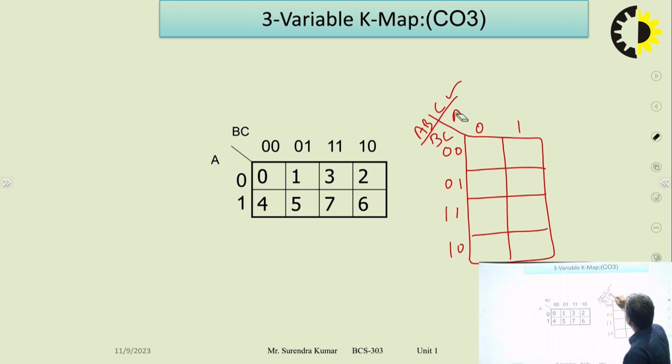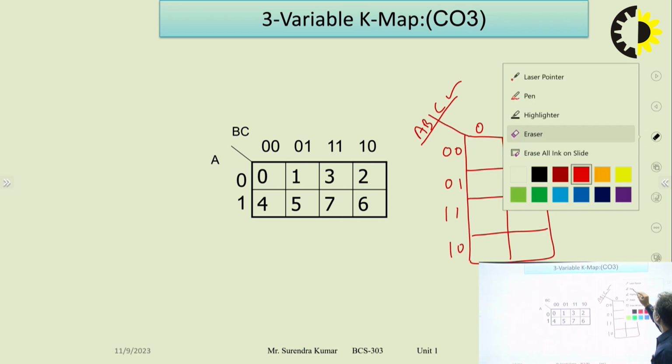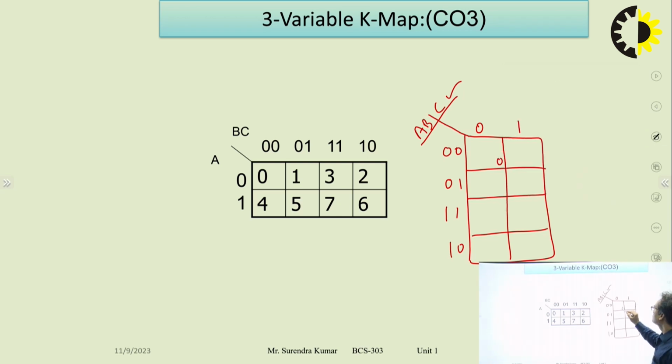So we are removing this for clarification. This is your 0th cell, first cell. This is your second, third. This is your fourth, fifth.